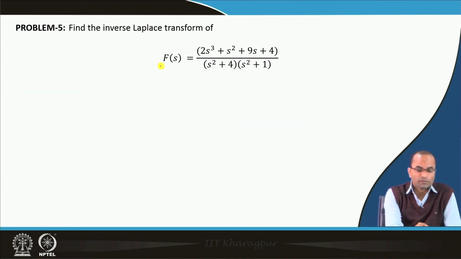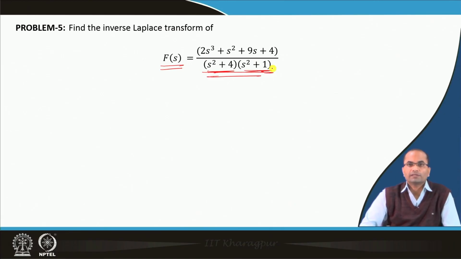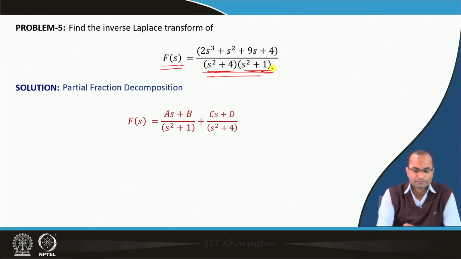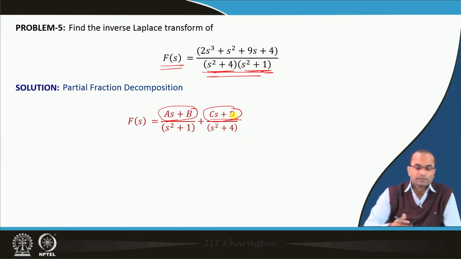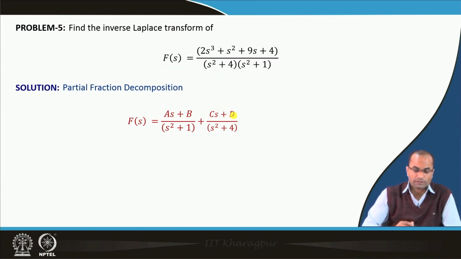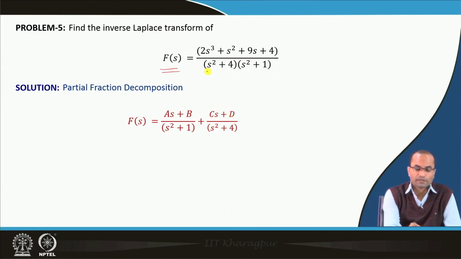The last problem is the inverse transform of an expression where we have S² + 4 and S² + 1. Again we need to go for partial fractions, but this time we have linear terms in both: A S + B and C S + D. So, in this case we have to compute these four coefficients A, B, C, D. It could be difficult sometimes to get these partial fractions, but we have to do it to get the inverse, because directly we do not know how to get it.